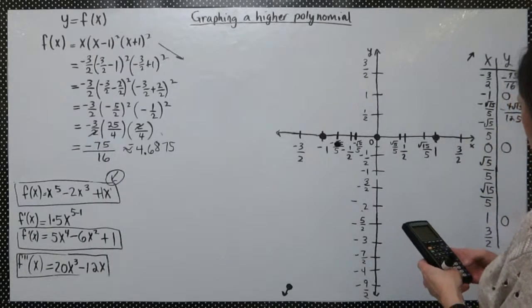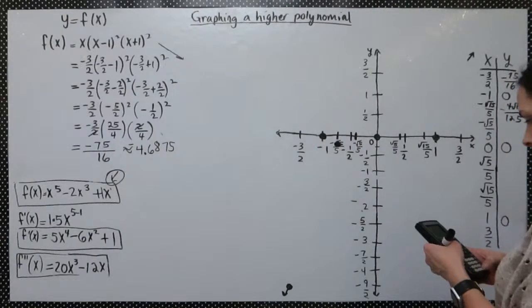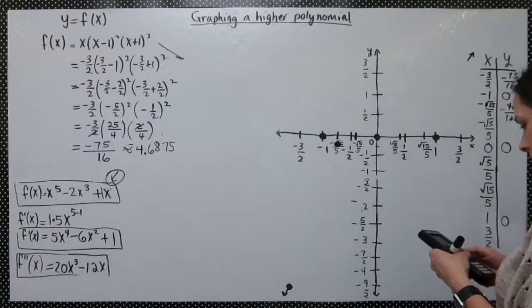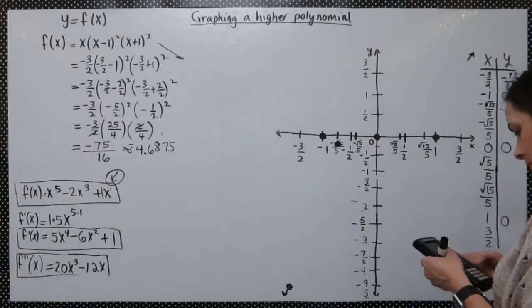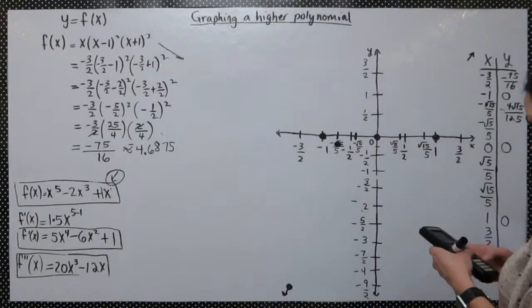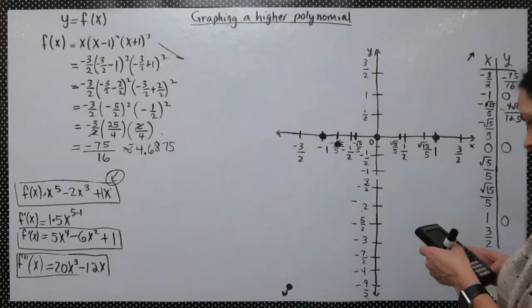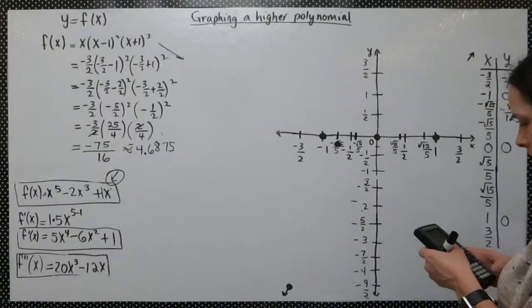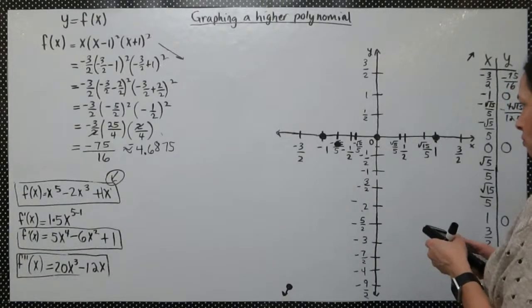Negative radical, parentheses, radical 5 divided by 5. Okay, it's saying it's negative 2.8.